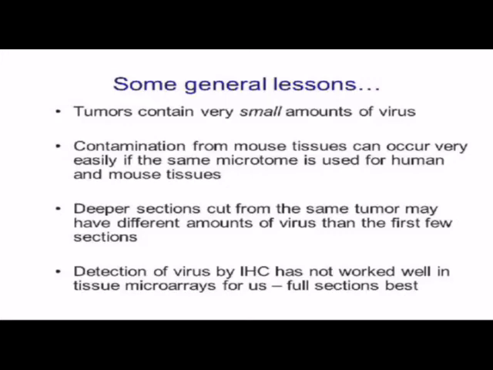The other thing to remember is that deeper sections cut from the same tumor may have very different amounts of virus than the first few sections. And detection of the virus by immunohistochemistry has not worked well in tissue microarrays for us. Full sections are the best, which just makes everything much more expensive and time-consuming. But it also helps you understand that if somebody doesn't find the virus, it may be because they were focused on tissue microarrays, which are very small pieces of tissue.